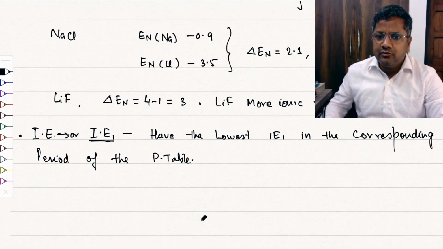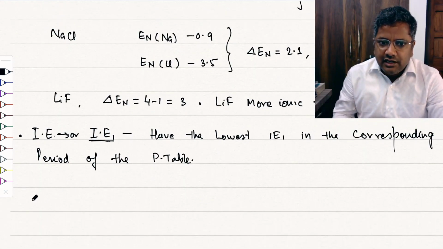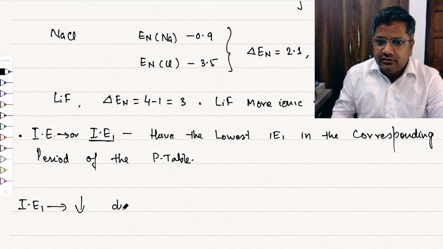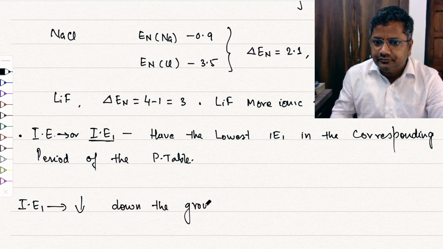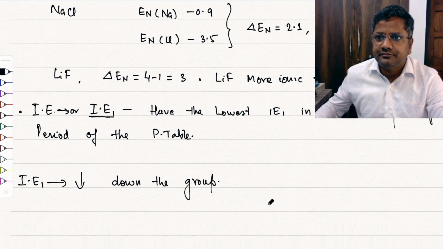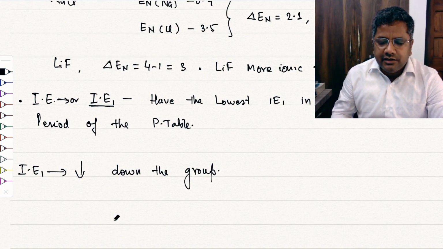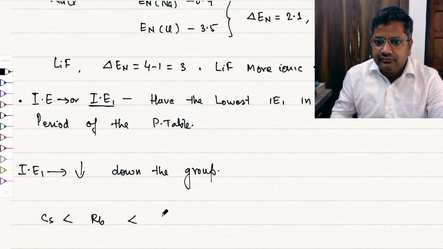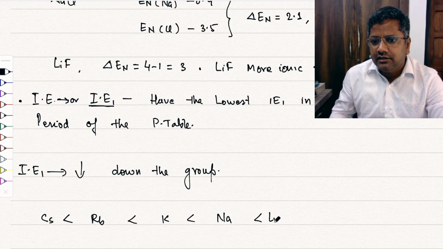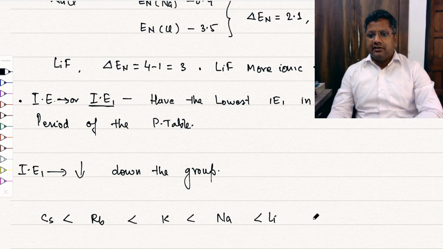And down the group, IE1 decreases. So you can say that cesium has the lowest, then rubidium, then potassium, then sodium, and then lithium. So this is the order of IE1.